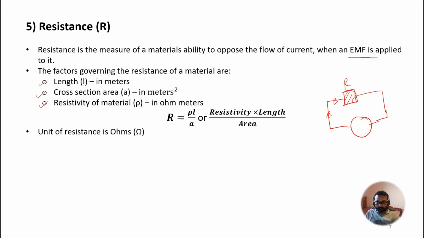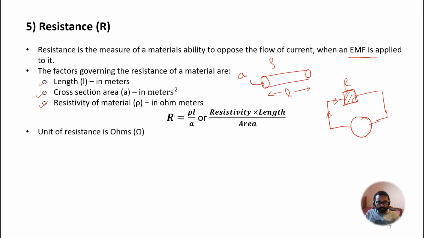It depends upon the length of the conductor or the material. It depends upon the cross section area of that material, and it depends upon the resistivity, right?